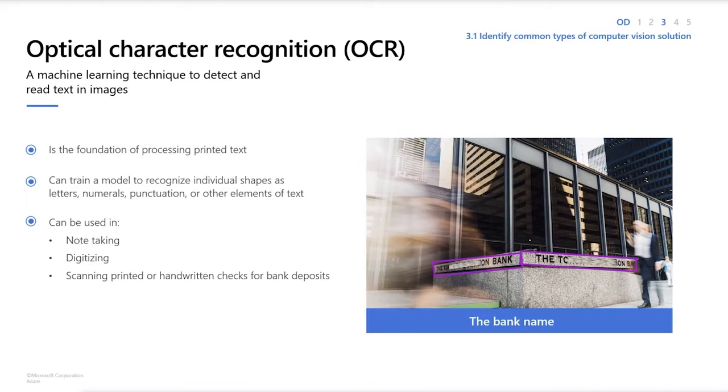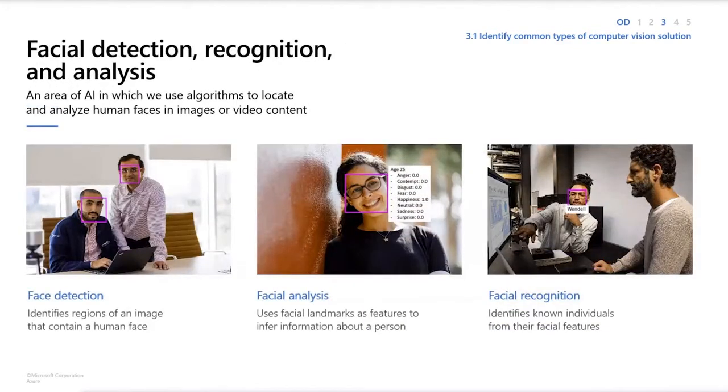We've discussed some of the different areas, but let's go a little bit deeper into how they can be used. So the next area is going to be facial detection and recognition analysis. So this is where we're actually using algorithms to help locate and analyze human faces in images or video content. Now, face detection involves identifying regions of an image that contain a human face. Usually here we see that bounding box, kind of what we saw with object detection. But where object detection and facial recognition analysis differ is that it's returning other information.